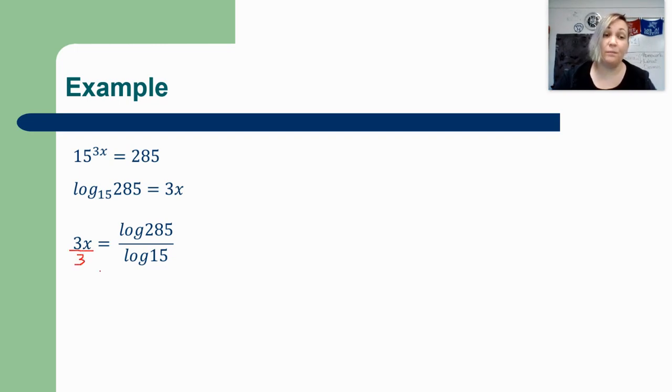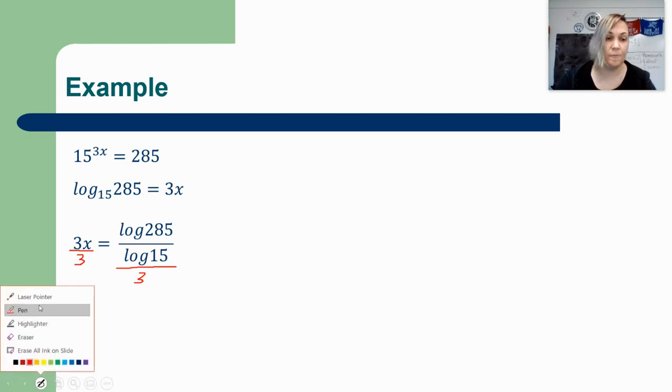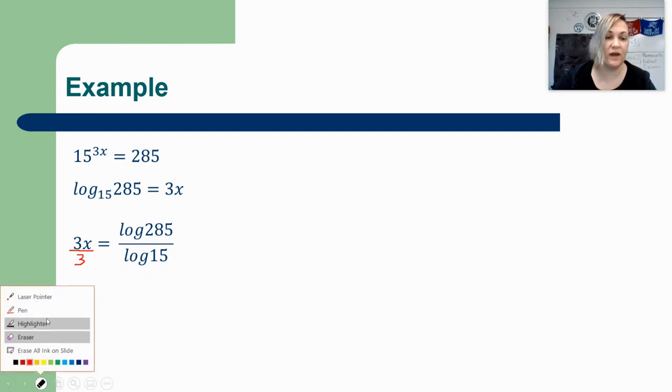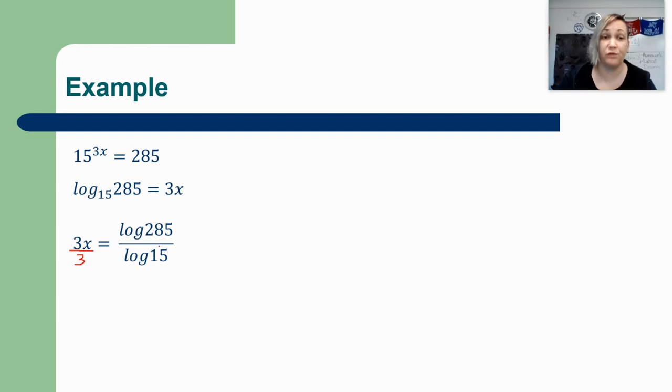When I divide, my 3 ends up on the bottom of a fraction. Now, when I go to the other side, I'm not going to make another big fraction bar and put a 3 underneath. Look at how weird that looks, guys. No, that's not how it works. Instead, since when you're dividing, it goes onto the bottom of a fraction, I'm just going to put it on the bottom of the fraction with the log 15 that's already there.